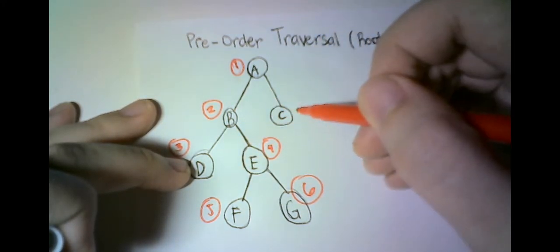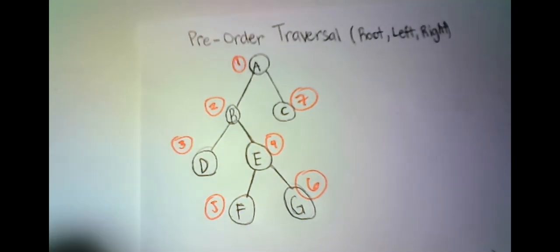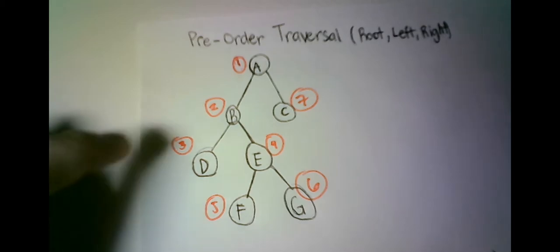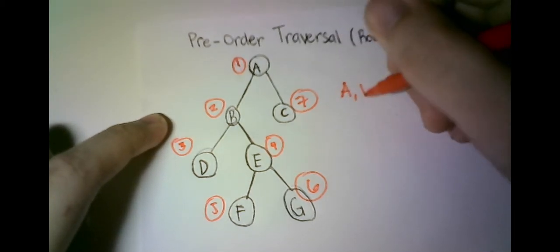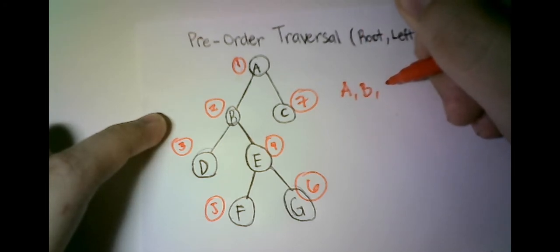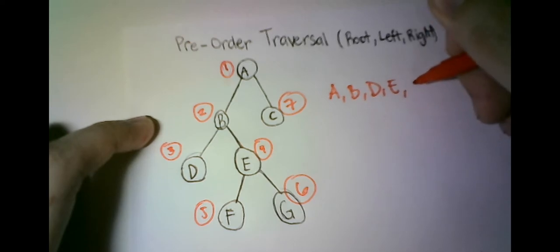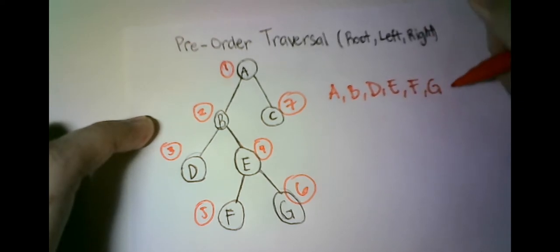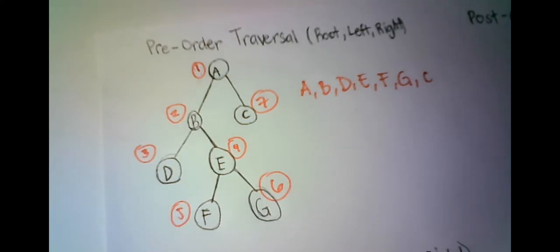Then you go to the next, which is the right node. So C is the 7. That's how you do it. So all in all, it's A, then B, then D, then E, F, G, then lastly C. That's how you traverse it.